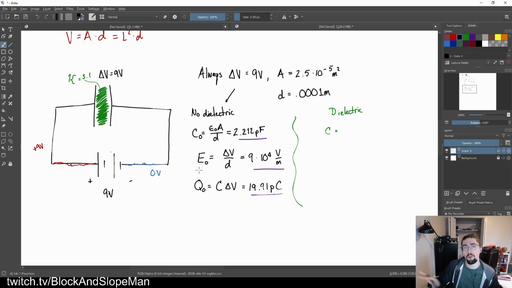This was before we put a dielectric in there. There's the capacitor without anything else happening to it. Now, with the dielectric inside, the capacitance would be C naught times kappa, for a total capacitance of 6.857 picofarads.